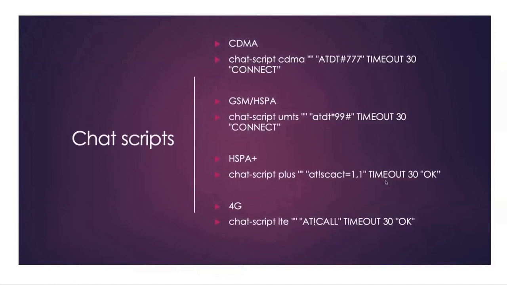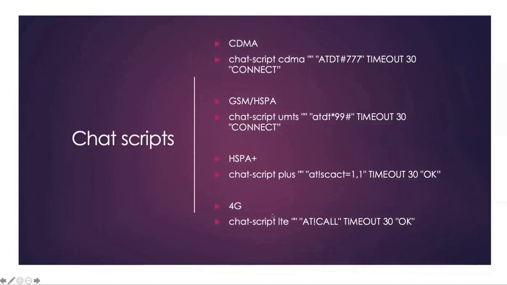So I told you about the chat scripts that we use in IOS. Basically, we have fixed chat scripts for different kinds of connectivities. For CDMA, this is the chat script, GSM, HSPA, and 4G. So this depends on what kind of card you're using. Mostly now we do not get any cases on GSM or CDMA or HSPA. It's always 4G.